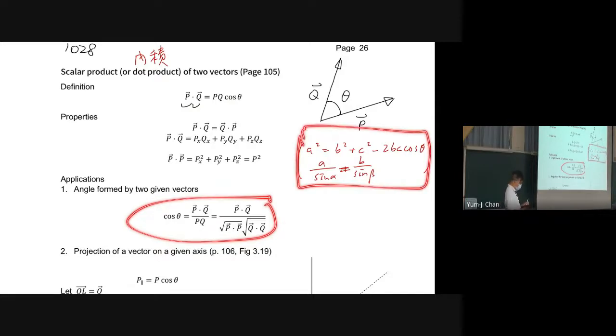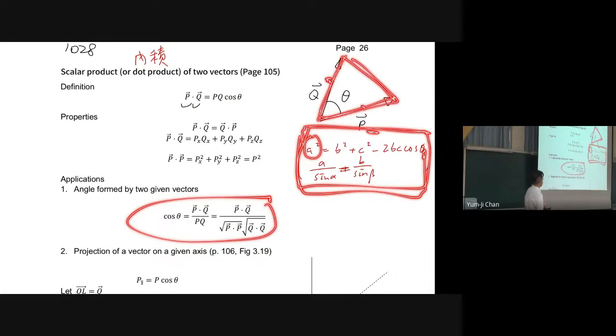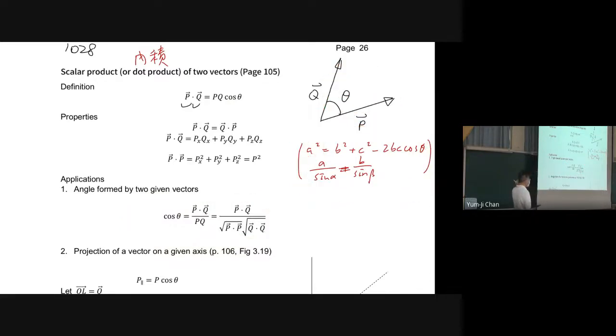The other form is sometimes difficult because you need to form a triangle and determine which side is A, which is B, which is C, and which one is theta. Sometimes we mix things up, and therefore it is easier to do it this way. This is equation 3.32, and you need to use this in homework.